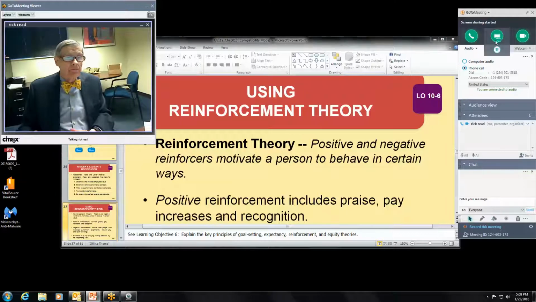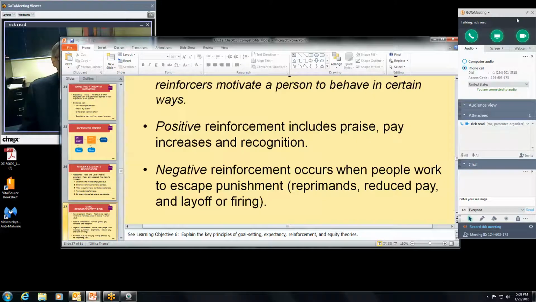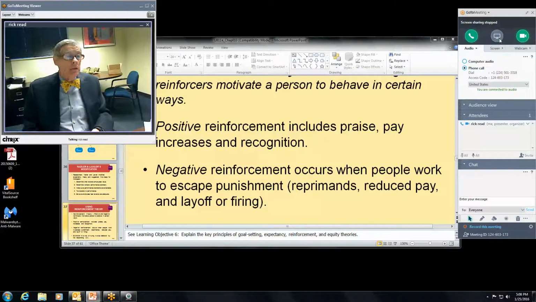See what positive, rewards, increases, promotions, etc. Negative, on the other hand, happens when people work to escape punishment. And we have things like reprimands and deduction in pay and obviously layoffs and firing.